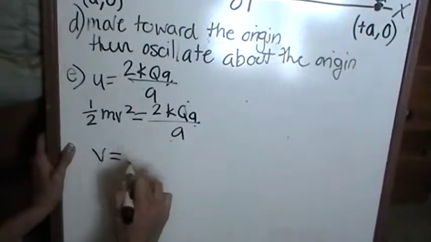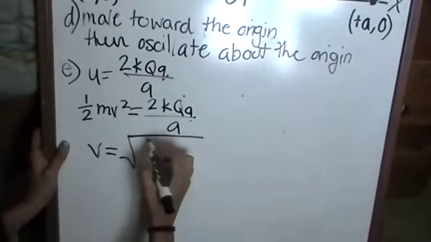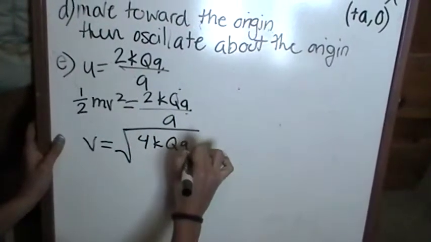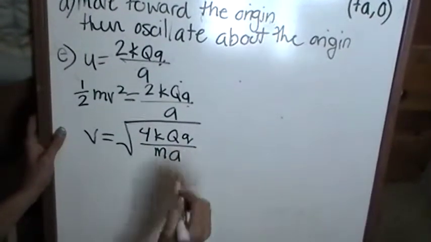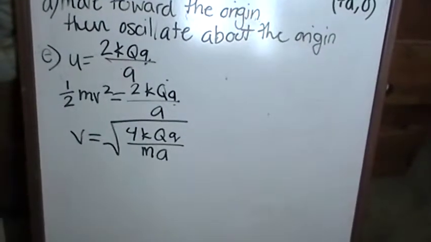You get v equals the square root of 4kq, lowercase q, over mA. Alright, and then you can take the 2 out, or just leave it as that.